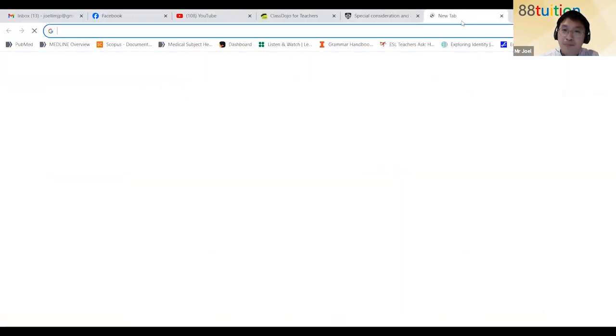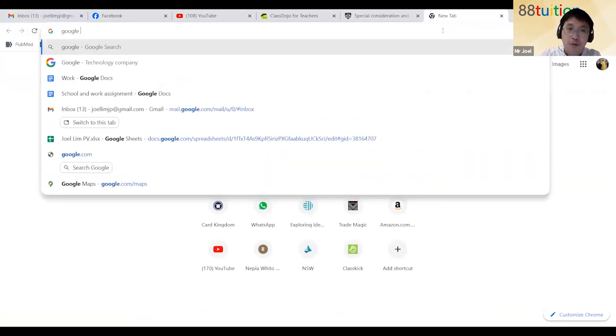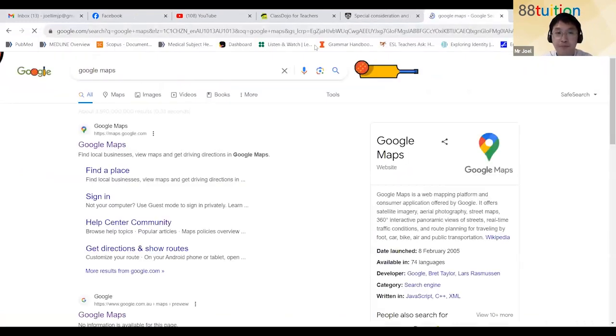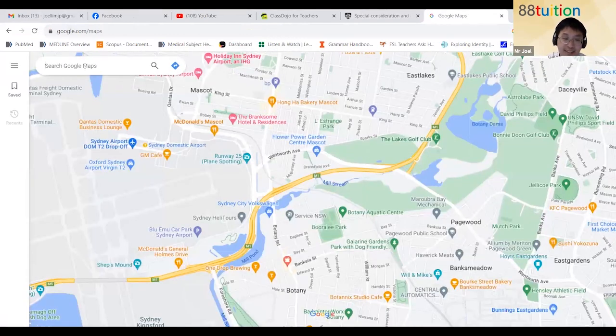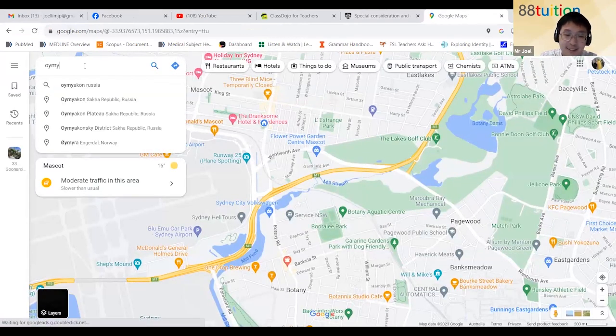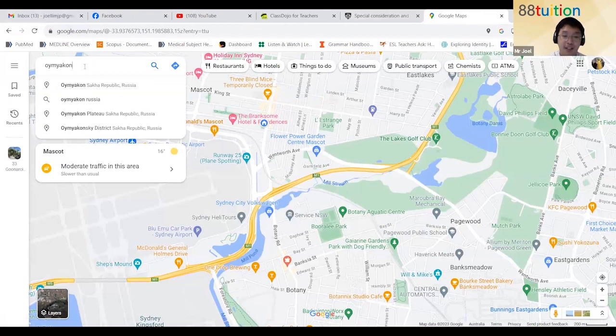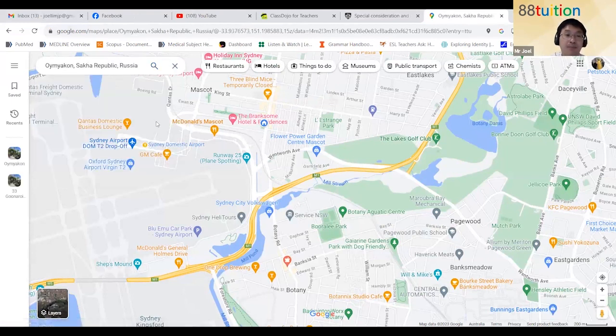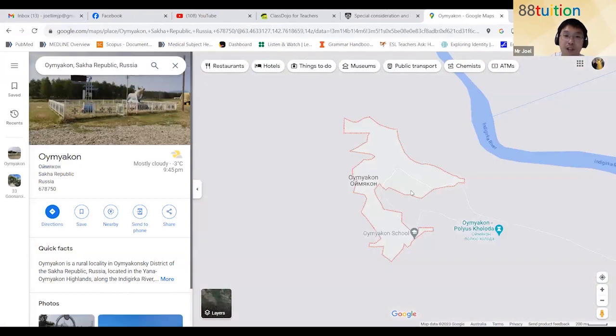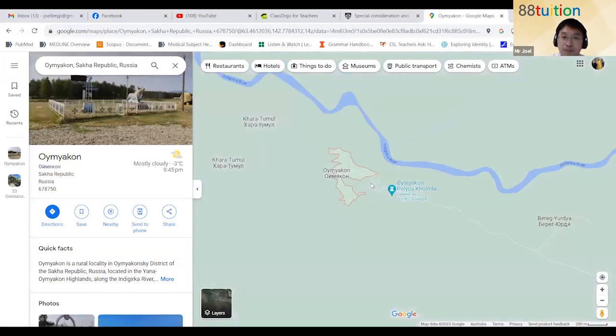So let me just show you where Oymyakon is. All right, so Oymyakon is in Siberia, Sakha Republic, Russia. This is Oymyakon.